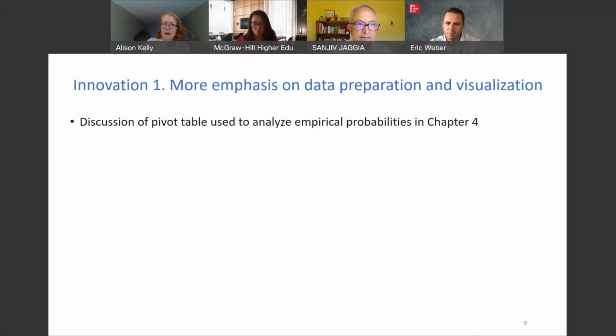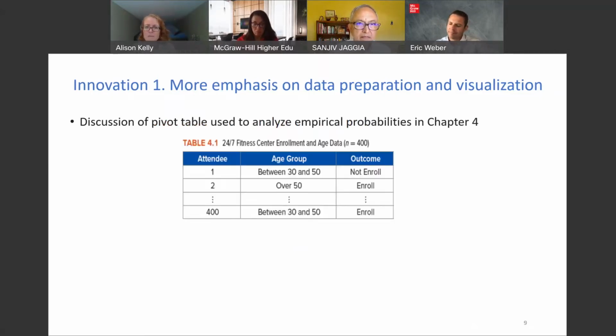And one of the last things I want to talk about in terms of descriptive statistics is our use of pivot tables in Chapter 4. And we feel that this really lends itself to a more holistic approach to calculating empirical probabilities.